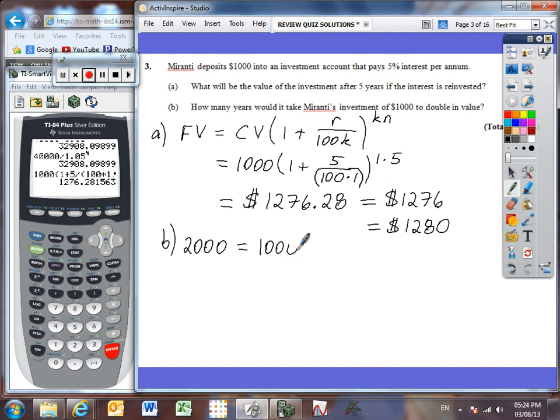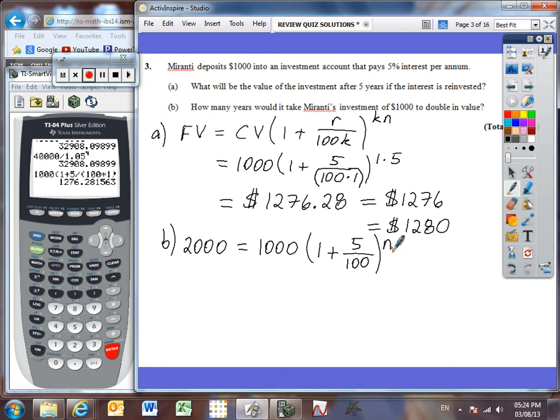The original or current value is 1,000. I know that I've got a 5% interest rate. I'm not going to bother writing down the 1 because of course it won't change the value. And all to the power of n, where n represents the number of years that it's going to take.